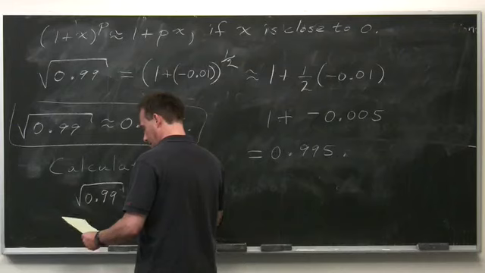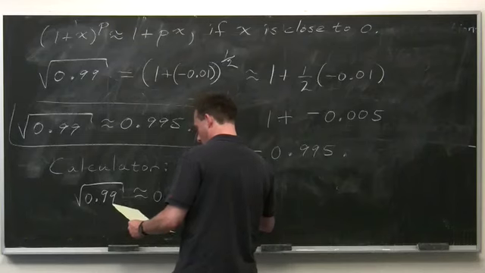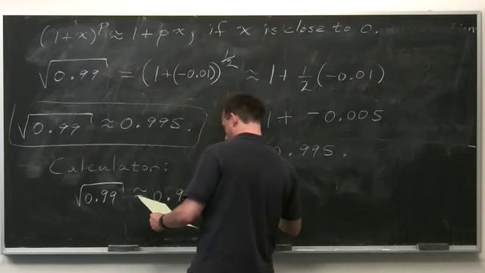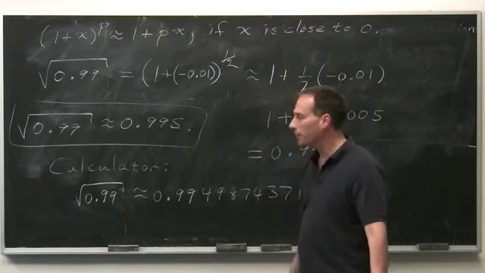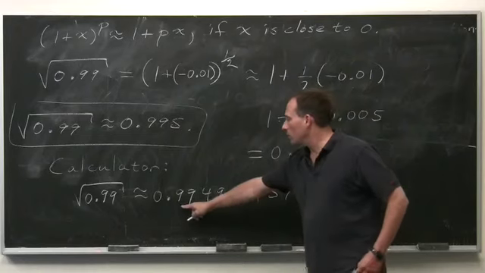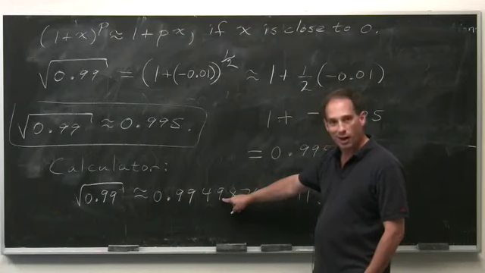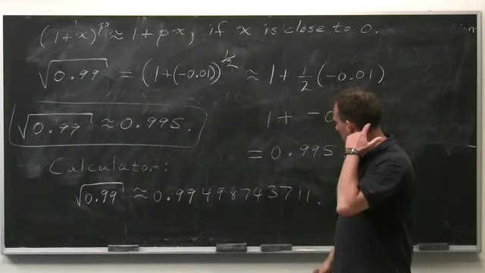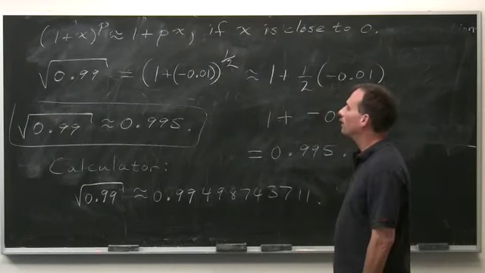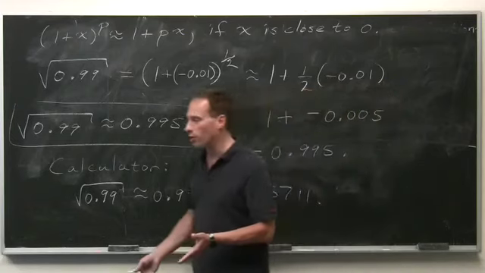This is approximately 0.99498743711. But the point is that this is extremely close to 0.995. Yeah, there's a 4 there, but then there's a 9 right there and an 8. I mean, this is very, very close to 0.995. So linear approximation is pretty good, especially considering how little work it is.